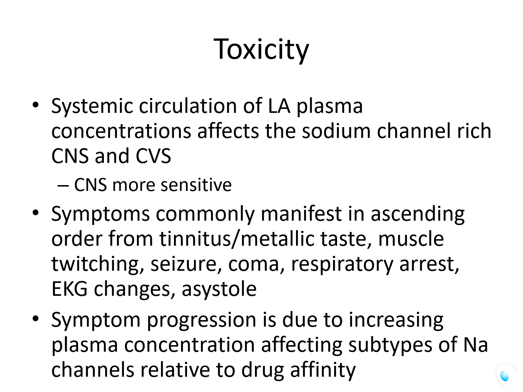The symptom progression is due to increasing plasma concentration affecting subtypes of sodium channels relative to the drug affinity. Again, remember, there are multiple different types of sodium channels, and the local anesthetics act on these channels differently. So like bupivacaine, remember, it's very cardiotoxic compared to other local anesthetics.